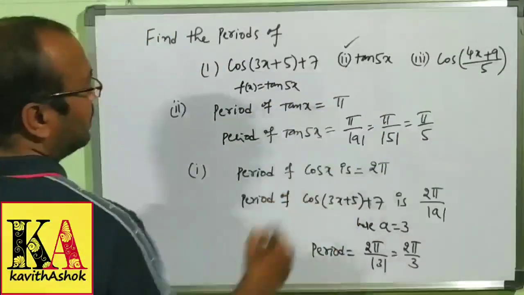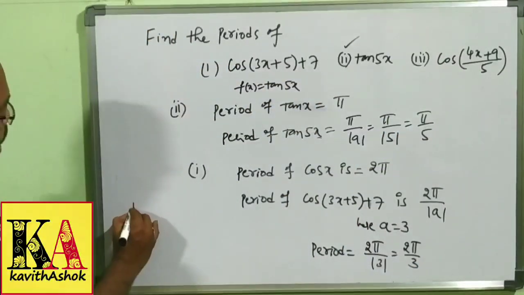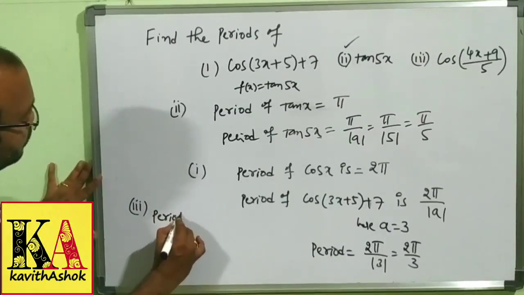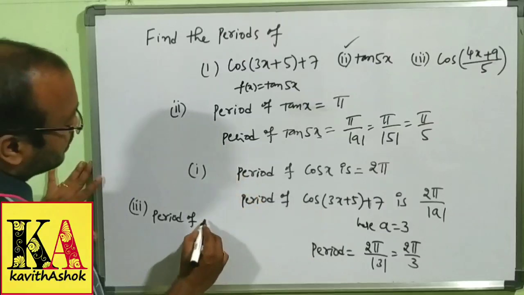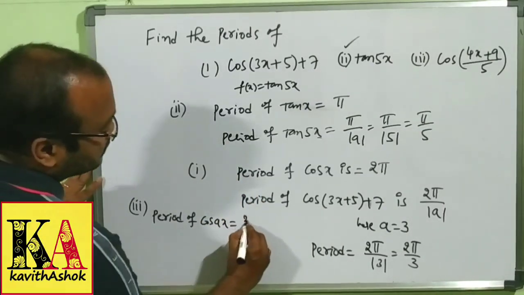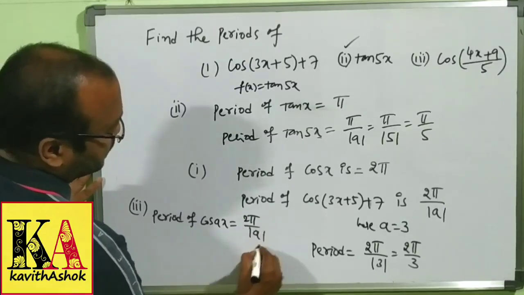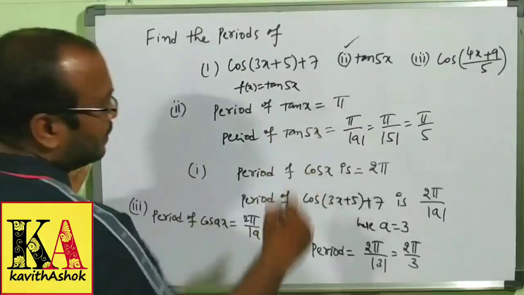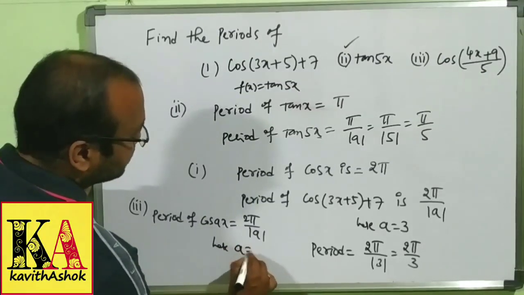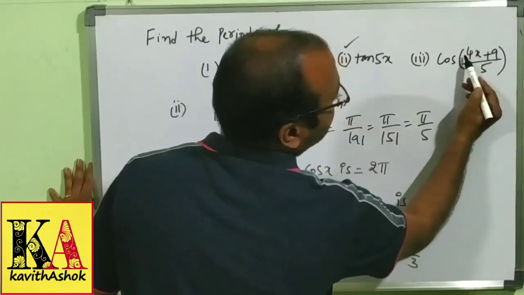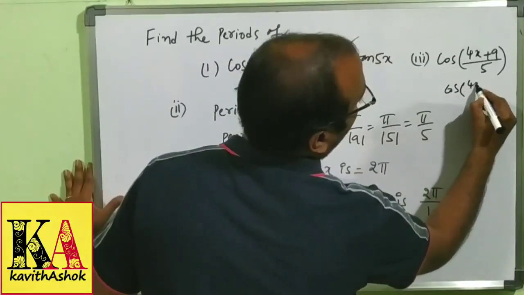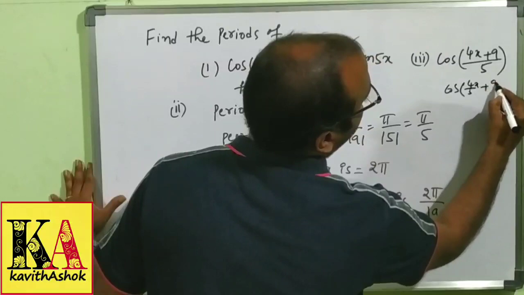One more question is there, the third one. Period of cos ax is 2 pi by mod a, isn't it? The x multiple is a. Here a is what in this problem? We write first cos of 4 by 5 x plus 9 by 5.